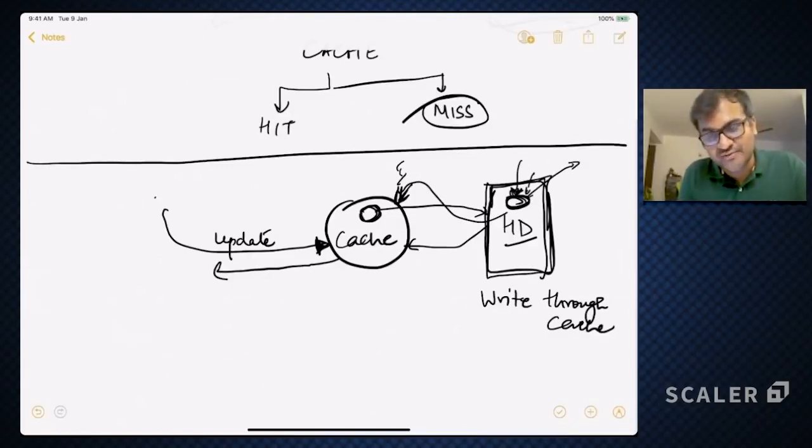Or in the context of, again, departmental stores as well as milk, let's say whenever my department store gets a new kind of milk, they call me up and they say, hey, look, please throw away the milk that you have in your refrigerator. It is old now. We have a newer quality of milk. And that way I make sure I'm always cooking my milk tea with the newest quality of milk that I have in the market. That way I stay consistent.